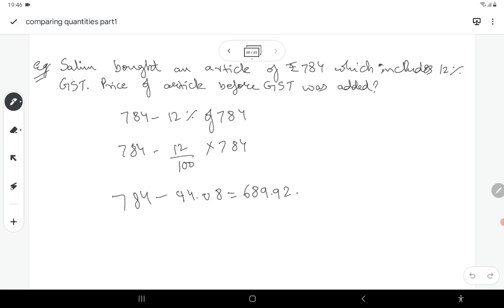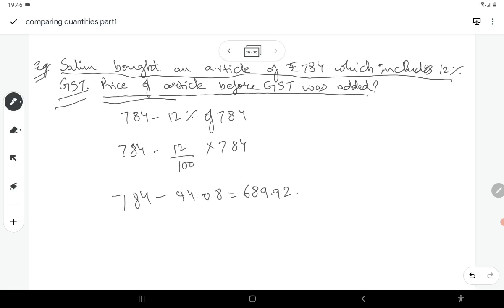Let's solve another question. It says Salim bought an article of rupees 784 which includes 12% GST, and we have to find the price of the article before GST was added. This is the same type of question which I have solved just before. So how do we solve it?